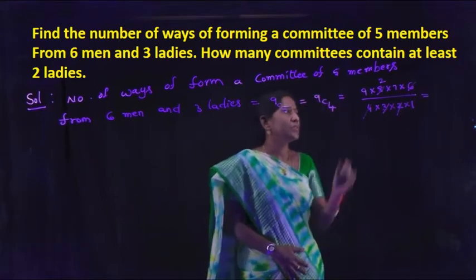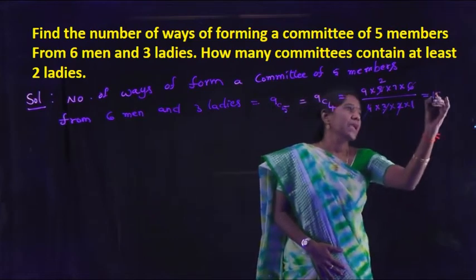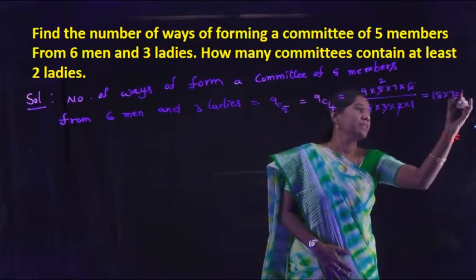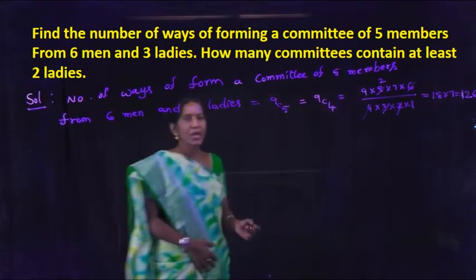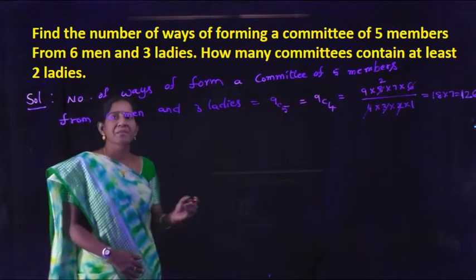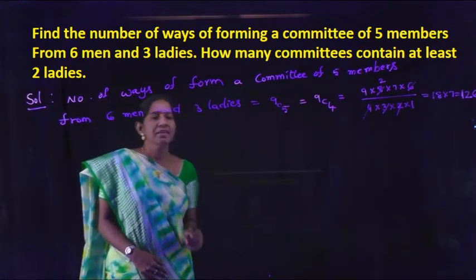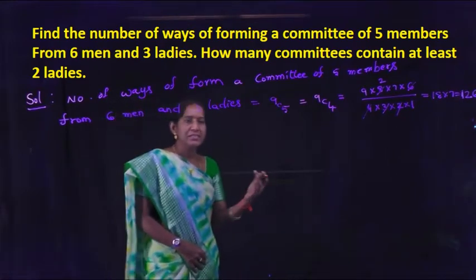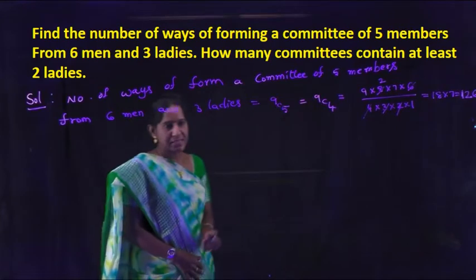Then this value is 9 into 2 into 7, that is 18 into 7, that value is 126. So the number of ways of forming a committee of 5 members from 6 men and 3 ladies is 9C5, which is the same as 9C4, and that value is 126.